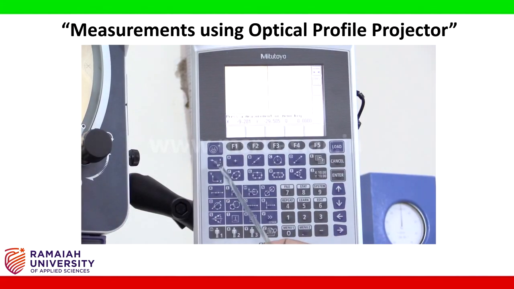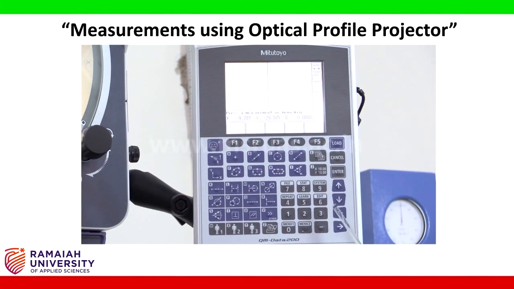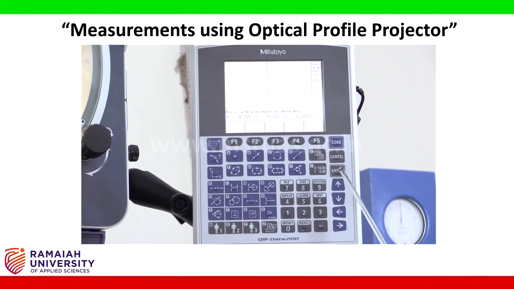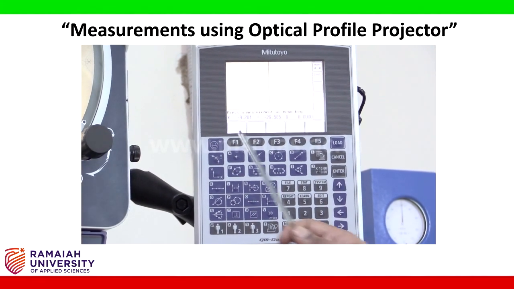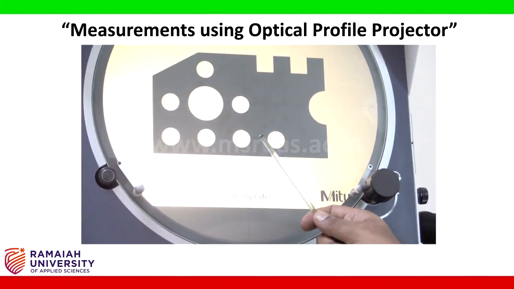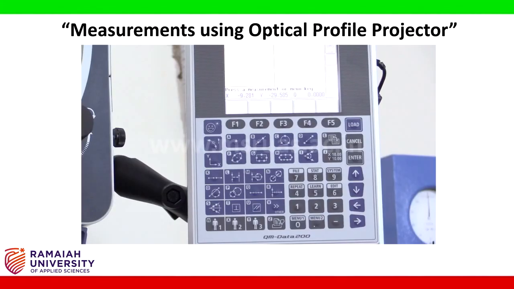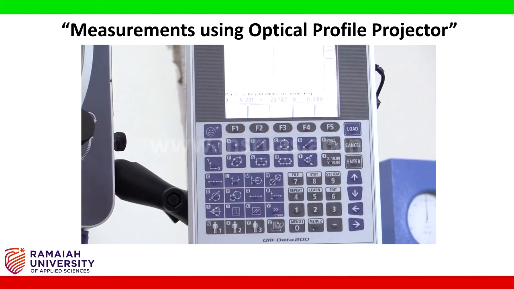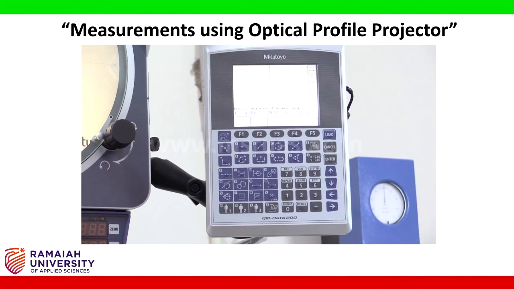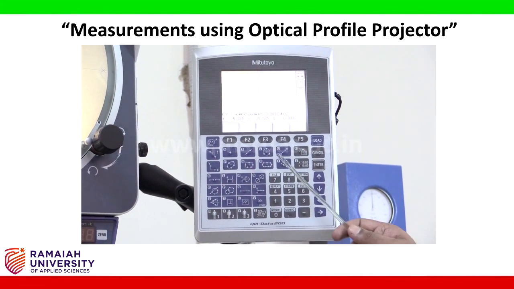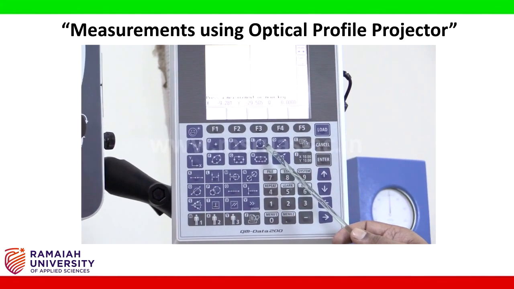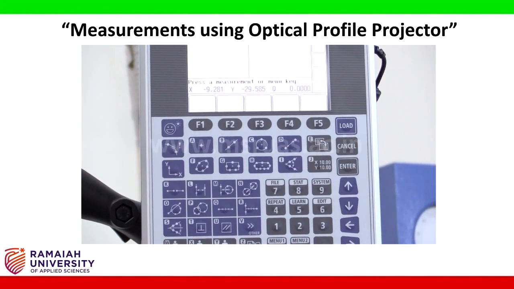These are different buttons and options one can select to find out the measurements on the screen. Now let us measure the diameter of a given circle. So I am going to choose the circle option from the QM data.